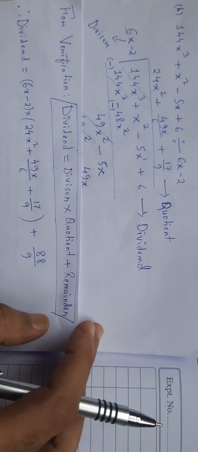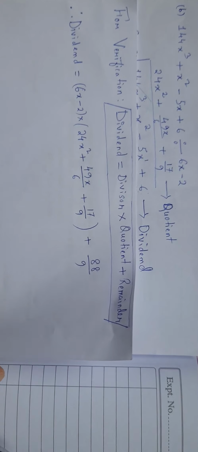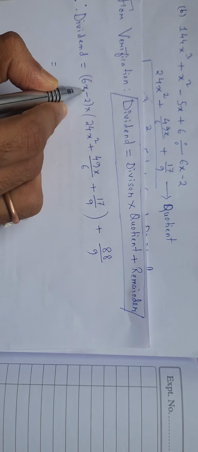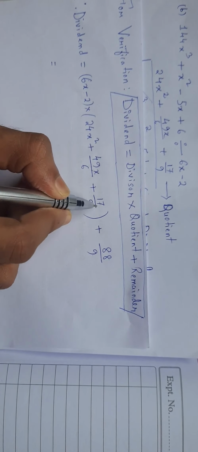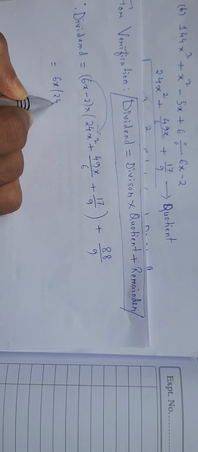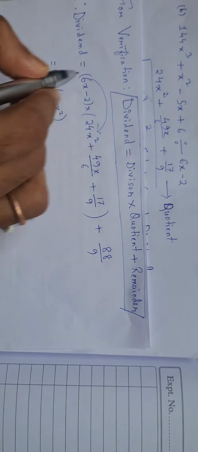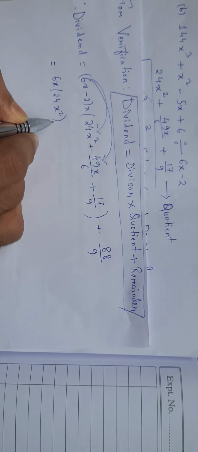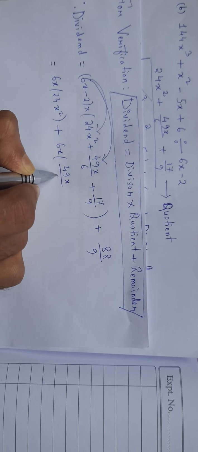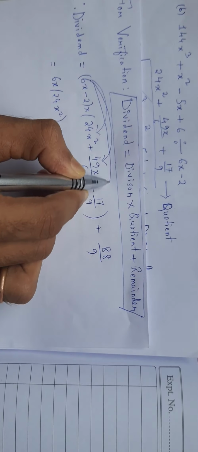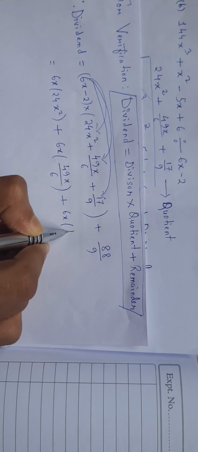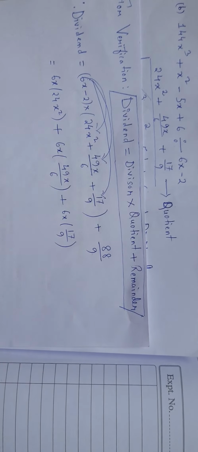Now for verification, we'll go on multiplying all the values. So first 6x will be multiplied with all the three terms, that is 6x into 24x square. Then 6x will be multiplied with 49x by 6. Then 6x will be multiplied with 17 by 9.